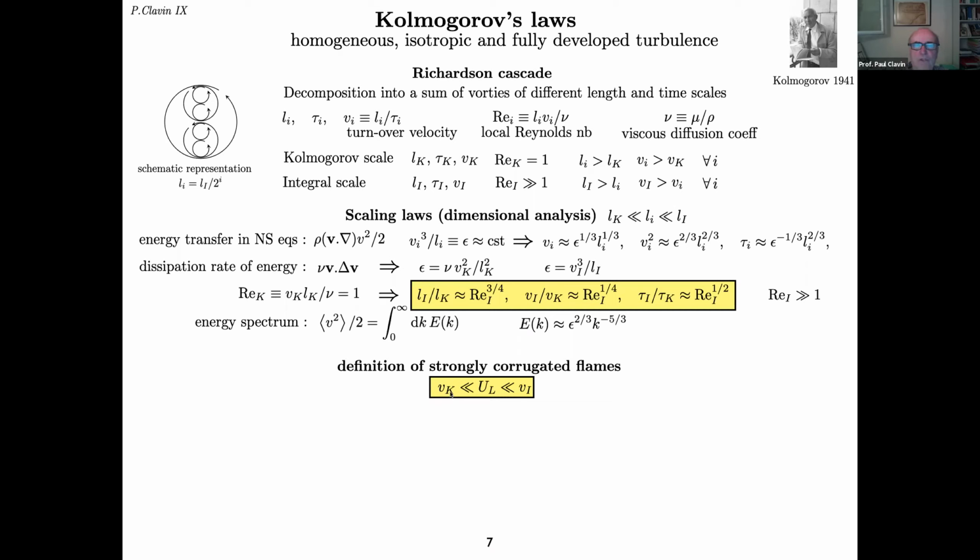When the laminar flame speed is in between, this defines the strongly corrugated regime of turbulent flame.